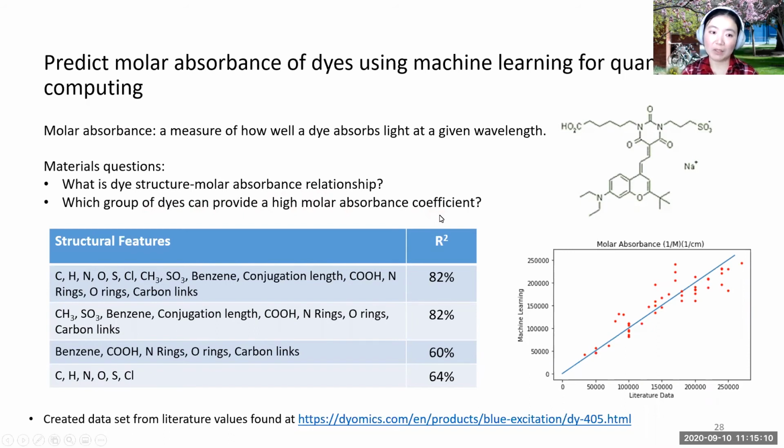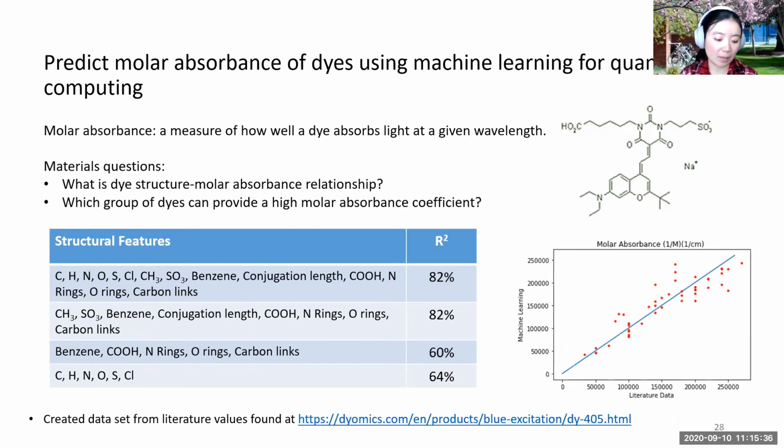Of course, we can use computational modeling to calculate them, but it will take time, like I said. We also want machine learning to help us identify which structure features control this coefficient and can give us a higher coefficient if the material has that specific structure feature.